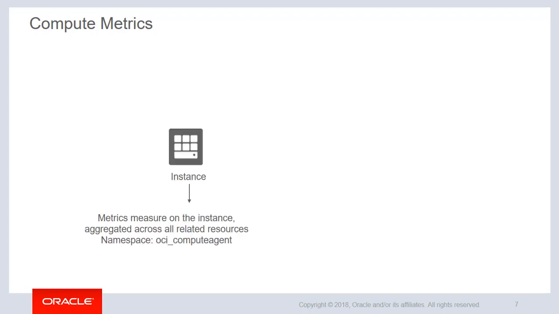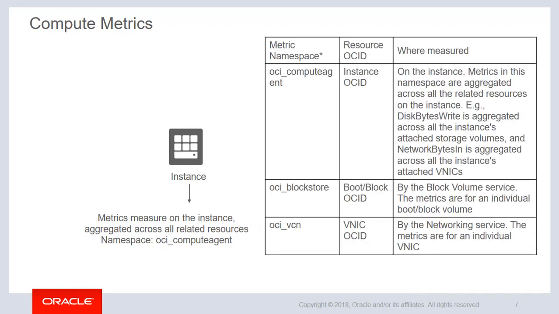So if you think about an instance, the metrics which an instance emits can be aggregated across all related resources, and we have a single namespace for that, which is called compute agent. So there is an agent running on the instance which is responsible for aggregating all the metrics.